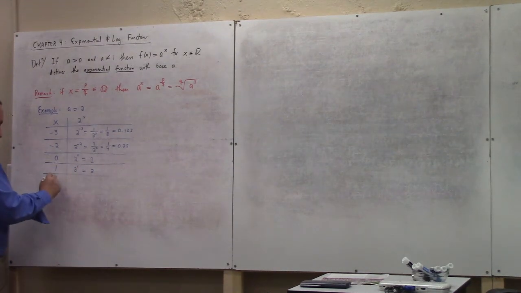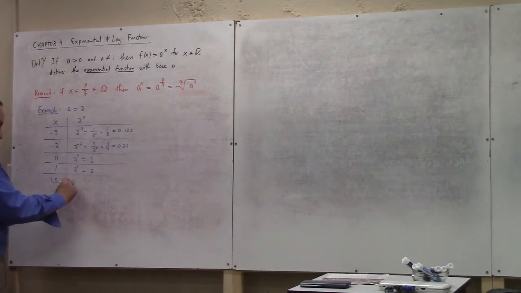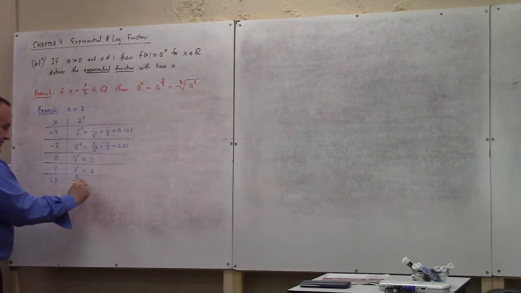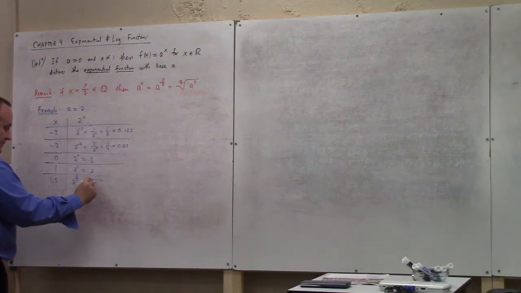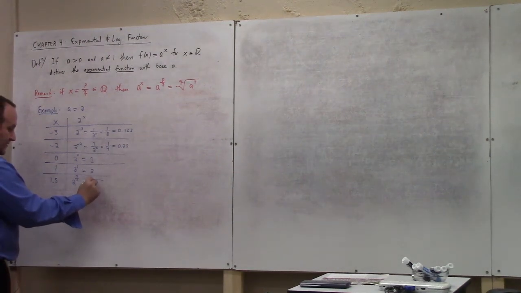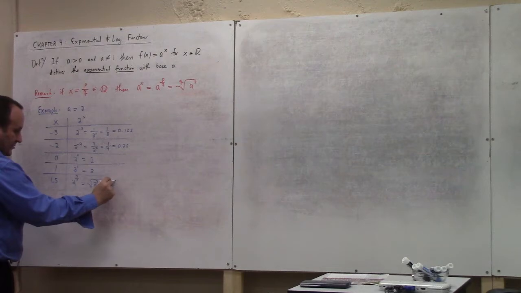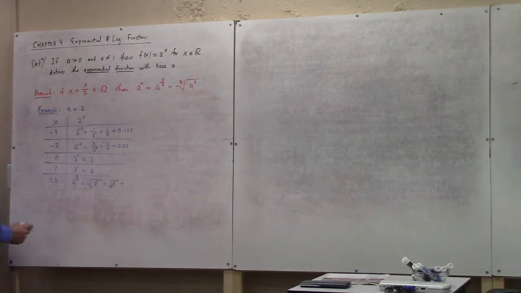Or x equals 1.5. What would that mean? What's 2 to the 1.5? That would be 2 to the 3/2, so the square root of 8, or of 2 cubed. Now what's the square root of 8?